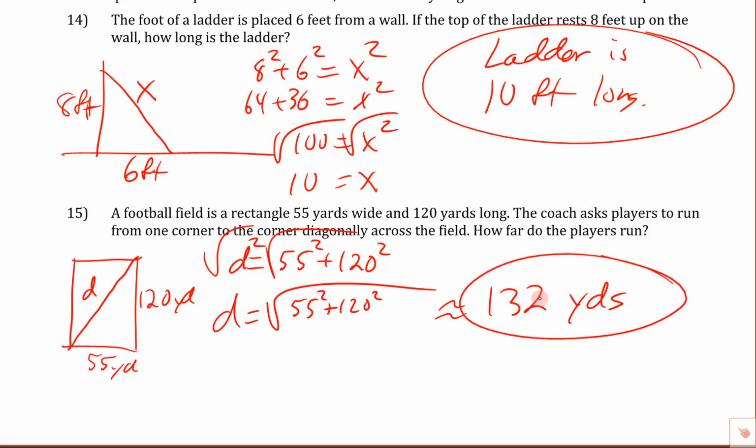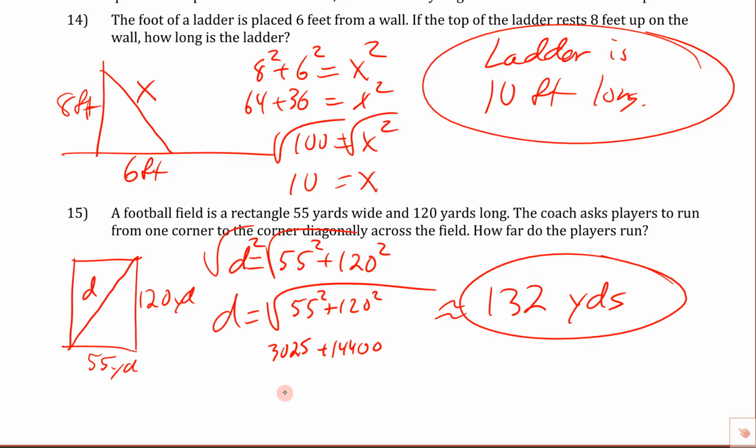They run 132 yards. Now, just to double check, if we were to square 55, you get 3,025. If we squared 120, 12 squared would be 144, and then we'd have the two zeros after that. So if we add these together, this is 14,400 plus 3,025.